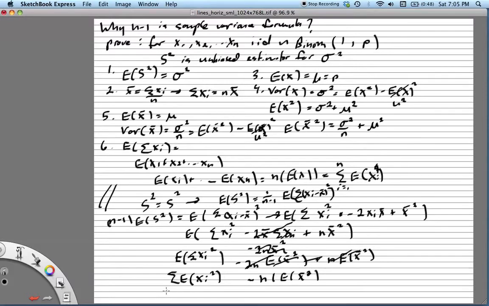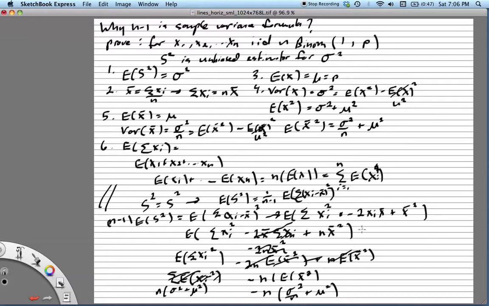And we're summing from 1 to n, so we're going to get n of our sigma squared plus mu squared from this term. We can say goodbye to that. The expected value of x bar squared, well, we know what that is too. We figured that up here. So we say minus n times sigma squared over n plus mu squared.